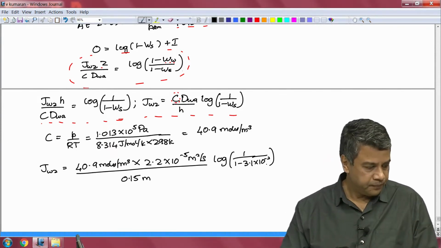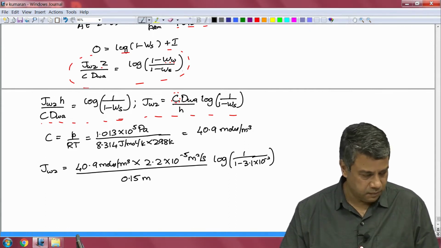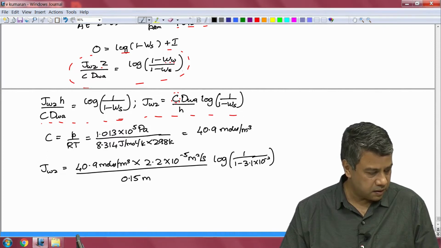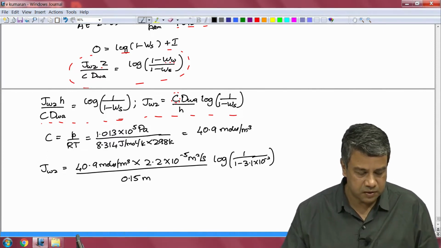And you can do this calculation and get the moles per unit time.